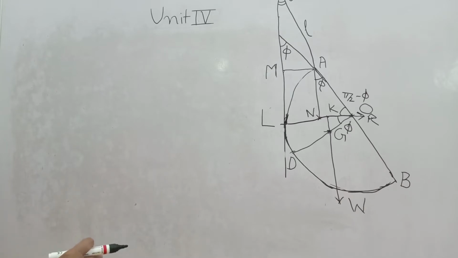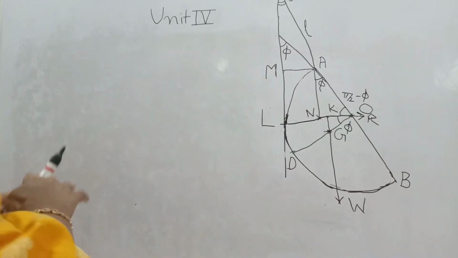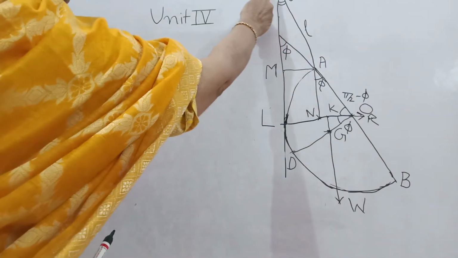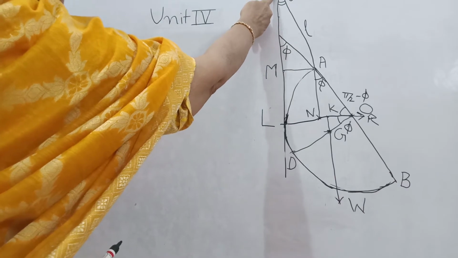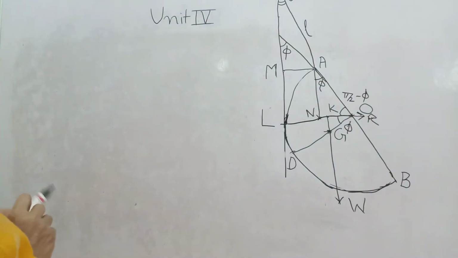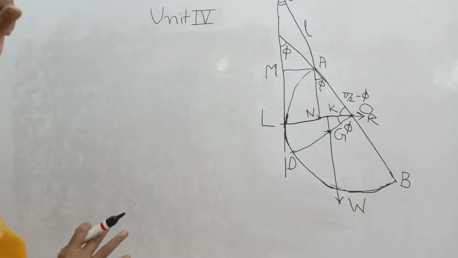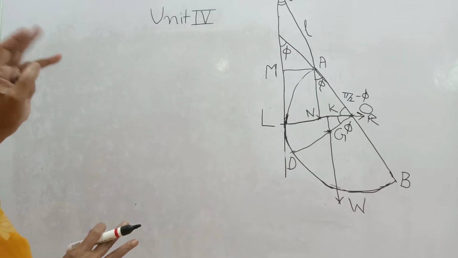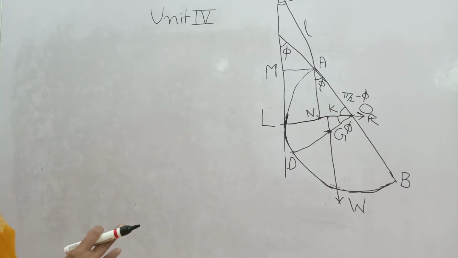Now the most important point is the whole system is supported by a string, and a string is tied at this end. So this point will be the fixed surface. From this point only you will consider the distances while using the equation of virtual work done.